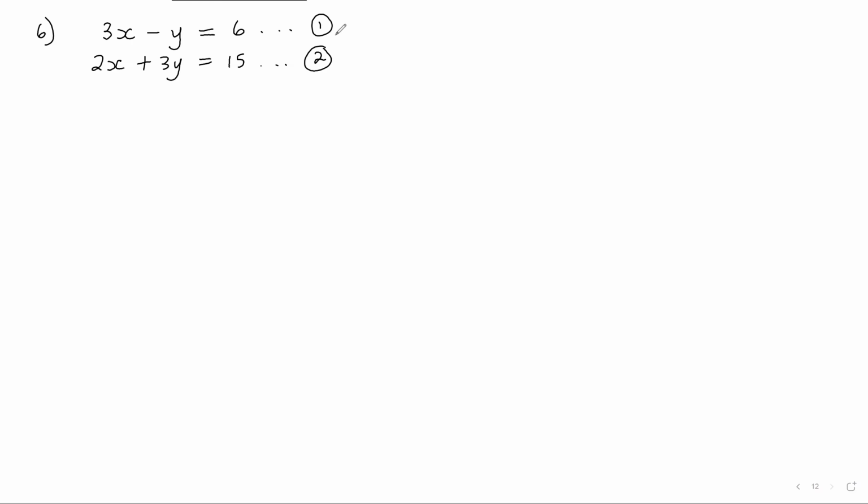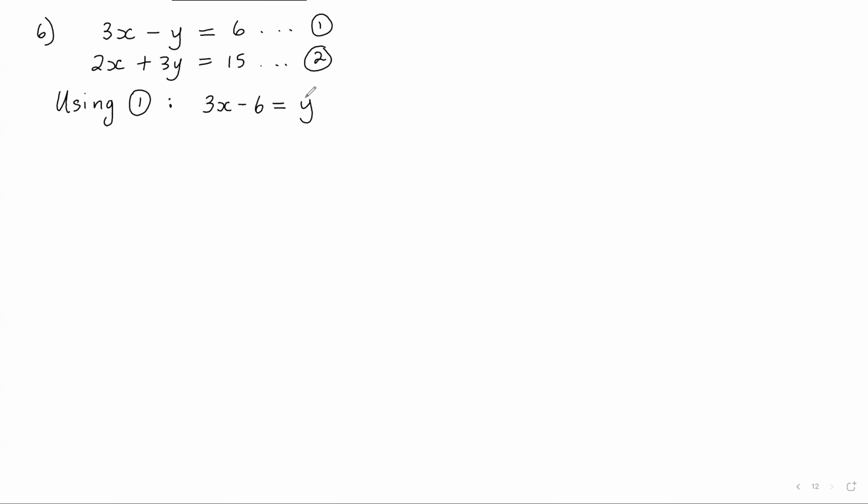So what I'll do is I'm going to rearrange this equation to make y positive, 1y. So using equation 1, I'm going to move 6 to this side and move y to that side. So this will be 3x take away 6 is equal to y.